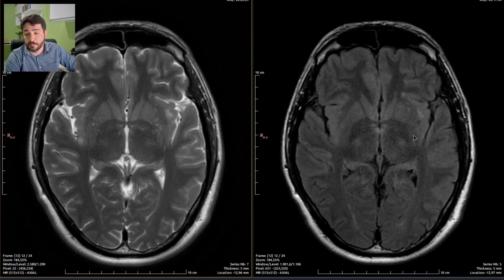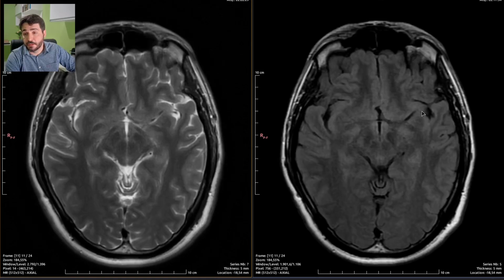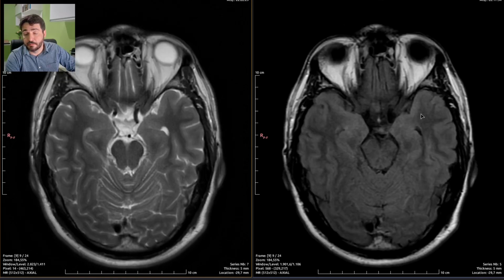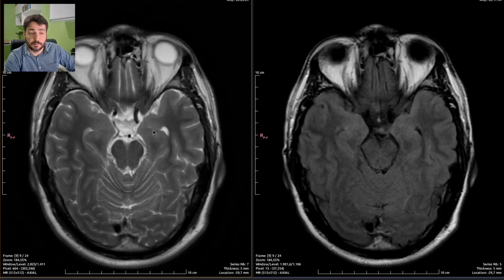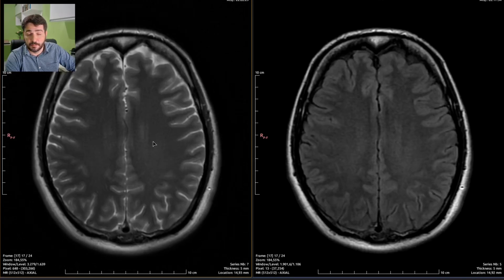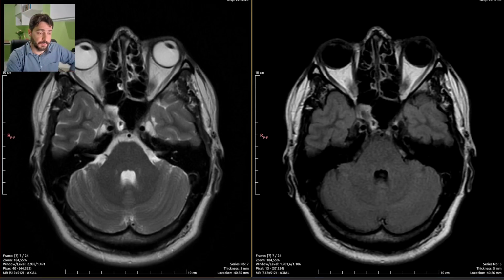So the bright spot is here. It is persistent both on flare and T2 as expected. This is on the insular region and on the frontal lobe, so on the margins of the lateral cistern. Excuse me.